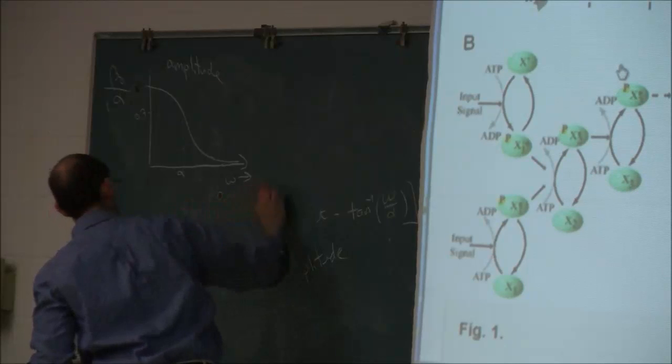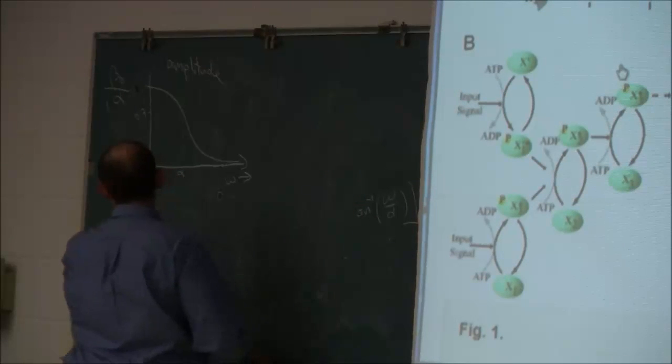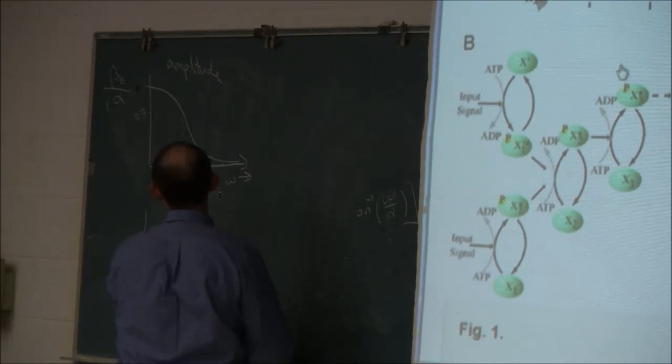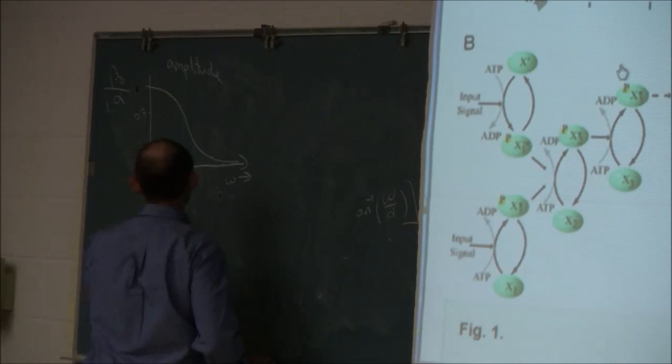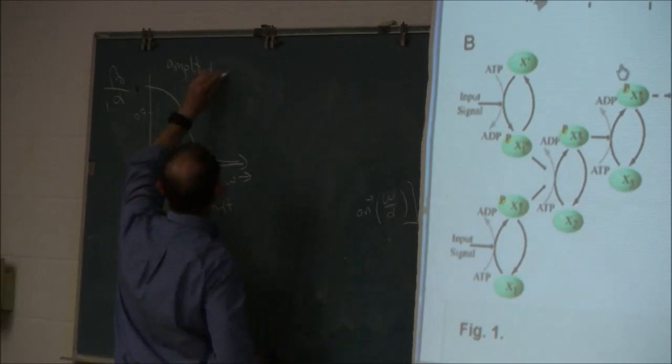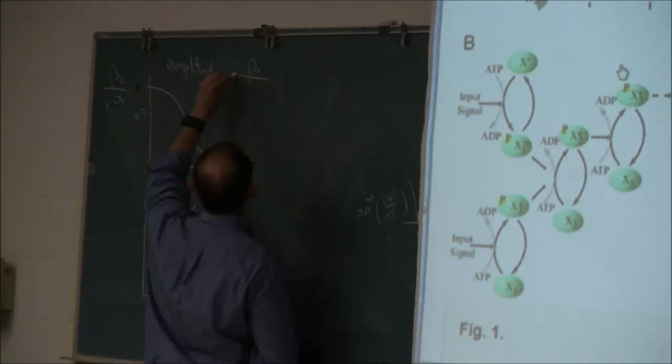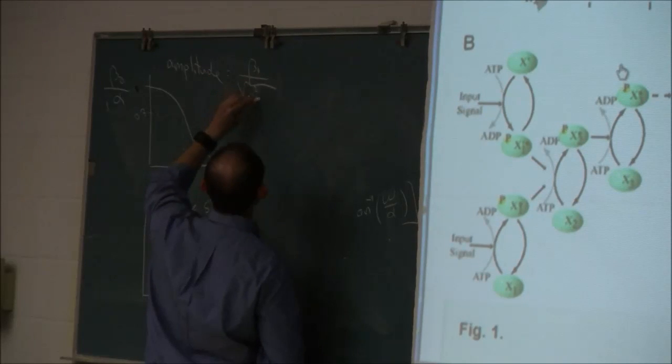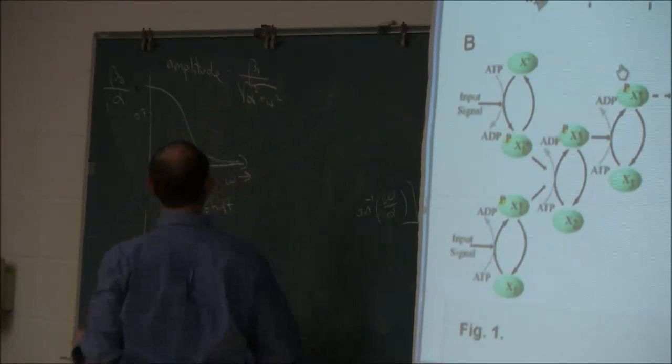And then if we look at the phase shift, the amplitude is beta 0 over the square root of alpha squared plus omega squared.